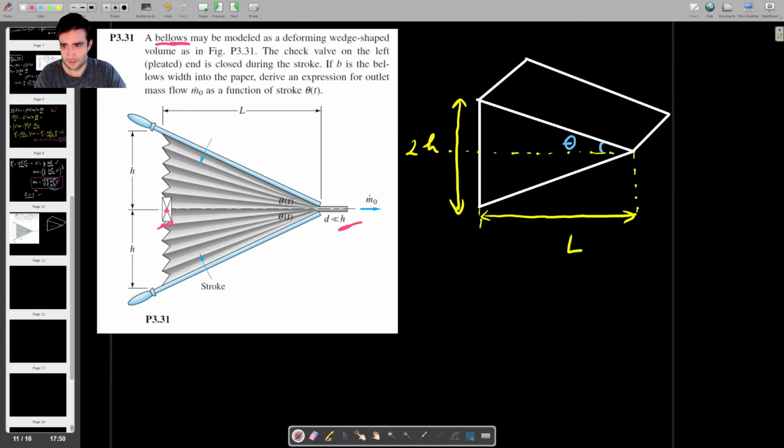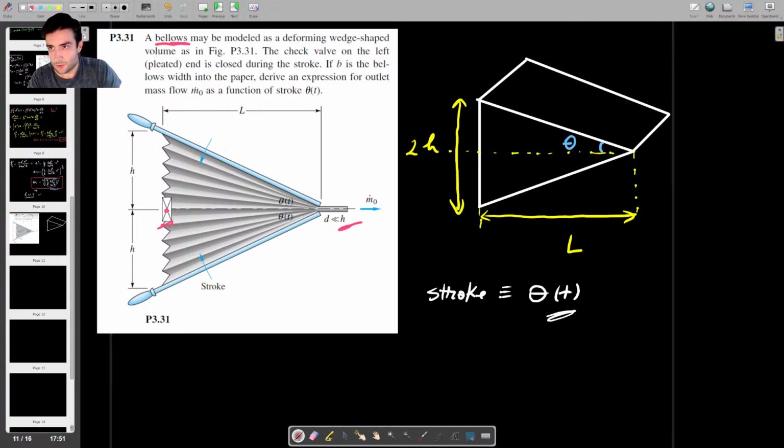So it must have a valve which is able to close automatically when you're performing the stroke. Now the stroke itself is quantified in terms of that angle theta. So the stroke is basically given by this angle theta t.